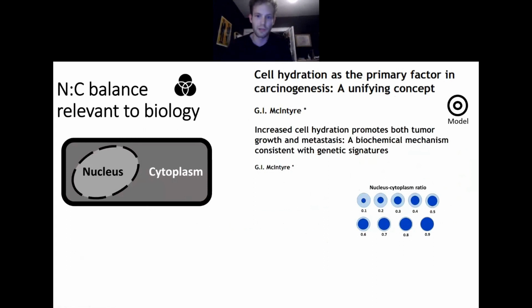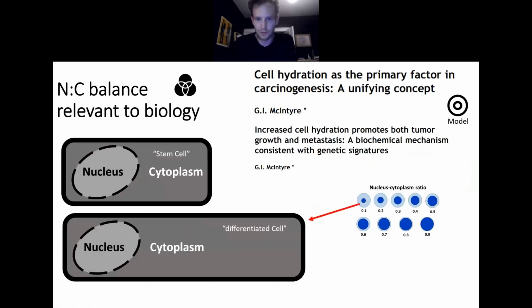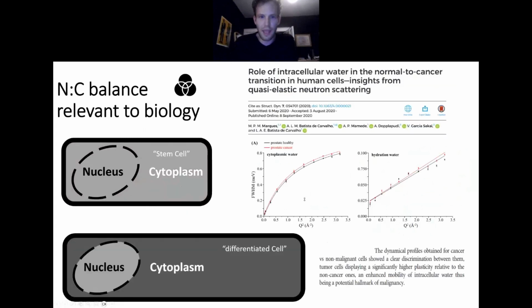Your cytoplasm becomes really large relative to the nuclear size. So differentiation would almost be the nucleus cytoplasmic ratio going down, and then cancer would almost be going up during oncogenesis. So the stem cell and the differentiated cell have different ratios.